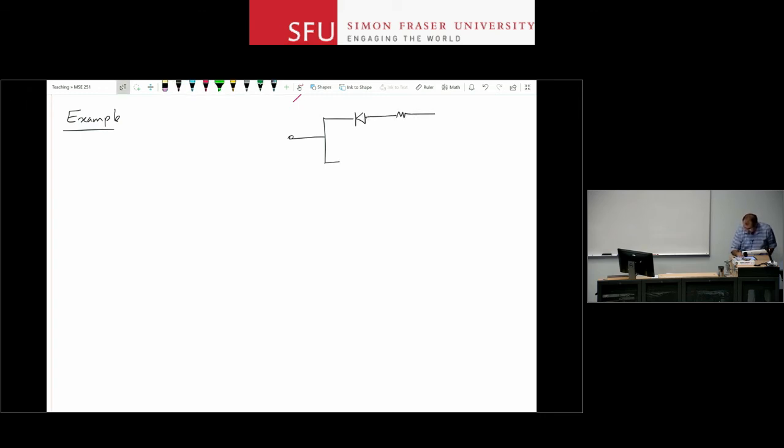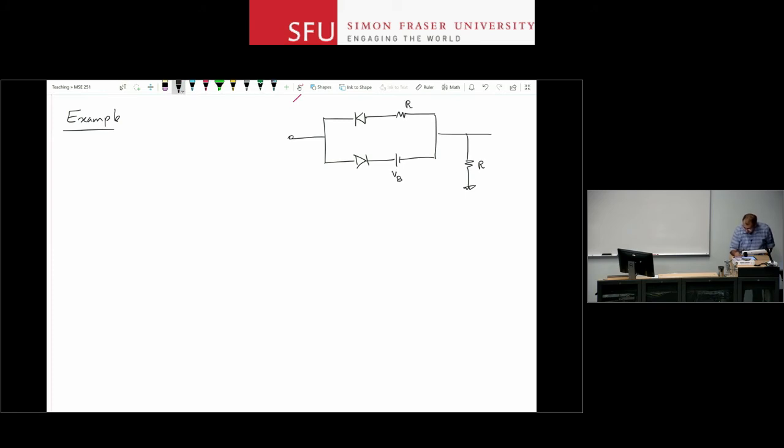This is one branch, and the bottom branch has a voltage source and a resistor. I'm assuming the 2 resistors are equal in value.